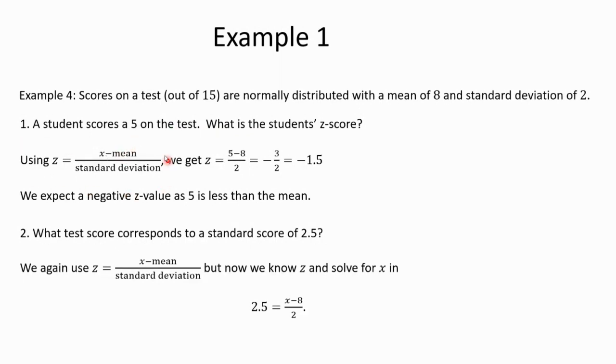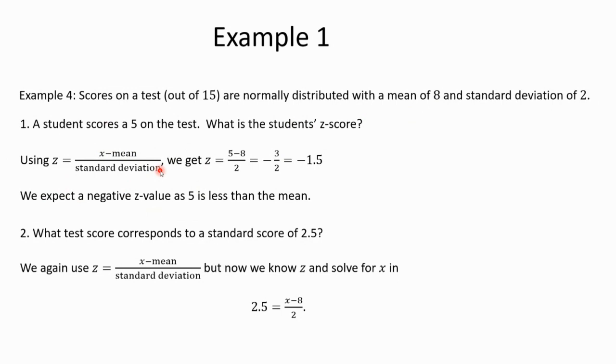Again, we're going to use this calculation. We have x as the data value, which is 5 in this case. The mean is 8. Standard deviation is 2.